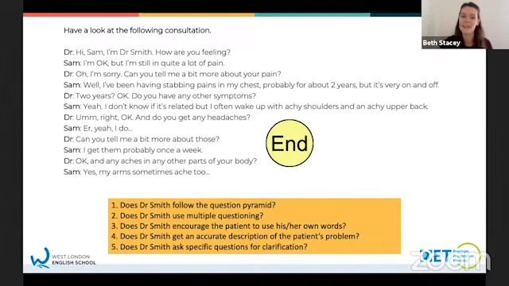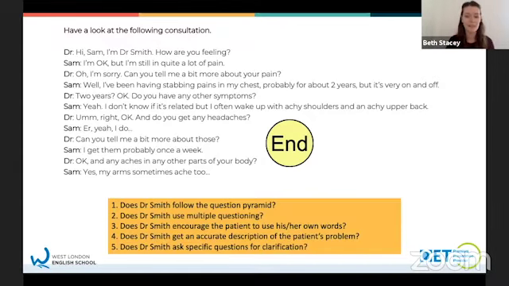Yes. We start with a nice open question. How are you feeling? And then we get, can you tell me a bit more about the pain? Do you have any other symptoms? And then we get more specific. Do you get any headaches? And then we go open again. Can you tell me a bit more about those, meaning about the headaches? And then we're still continuing to be open. Any aches in any other parts of your body?